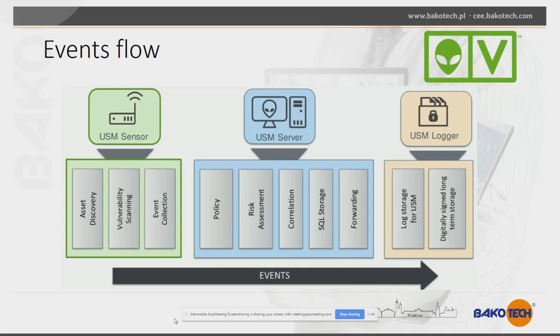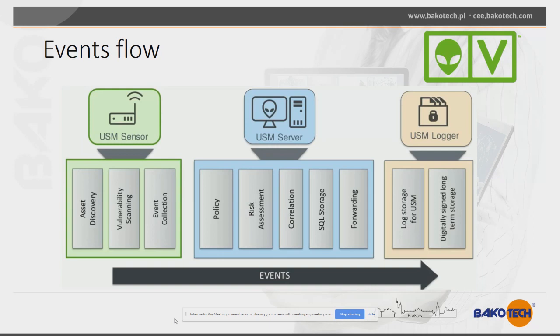Thanks to this, you can, for example, in relation to some activity that reflects the normal state of operation of your infrastructure, give up risk assessment, give up event storage in the SQL, and even long-term archiving in the logger. We can save hardware resources in that way, and of course, we can increase visibility, enabling faster analysis of events that in fact constitute a real threat.